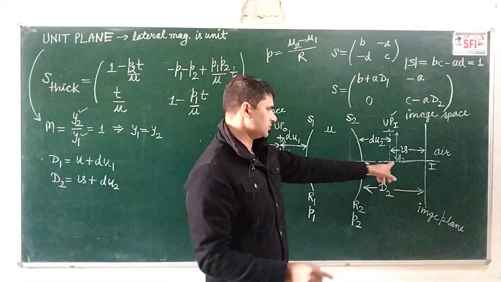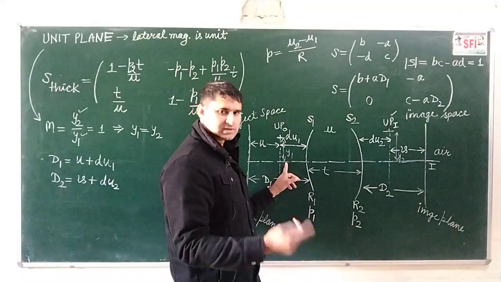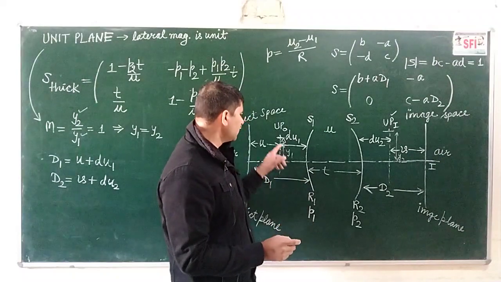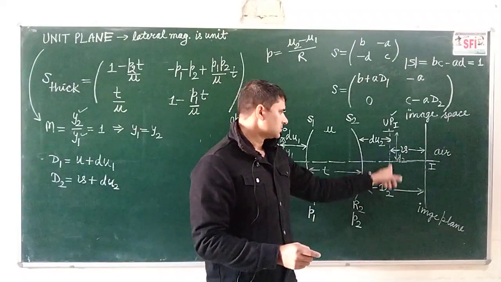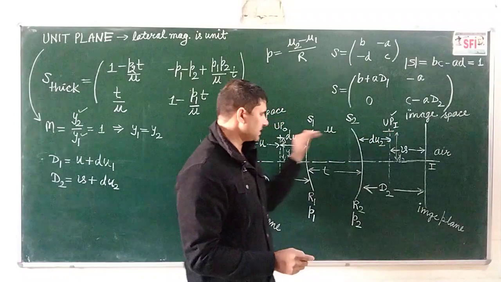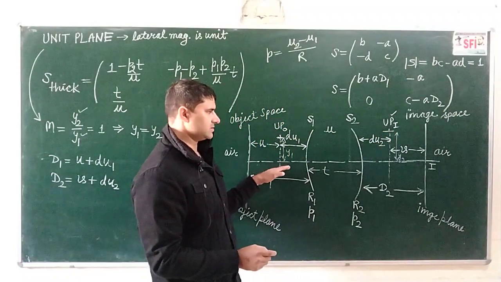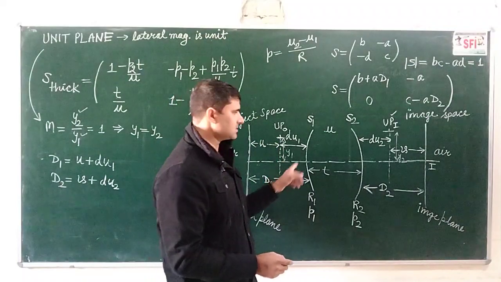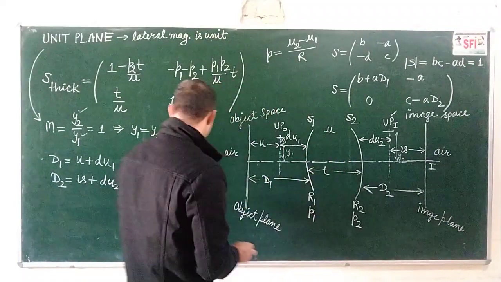If y1 and y2 come out to be the same, then the magnification will be unity, okay. And these planes, from where the ray of light passes at the same height with respect to the optical axis, are said to be unit planes, okay.